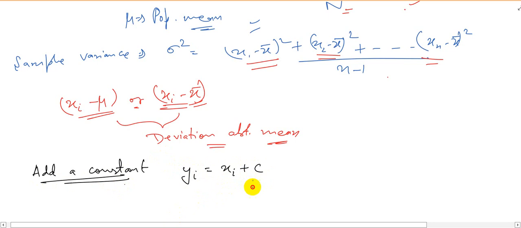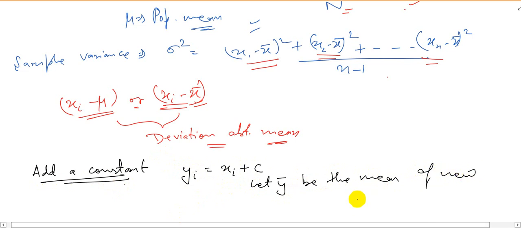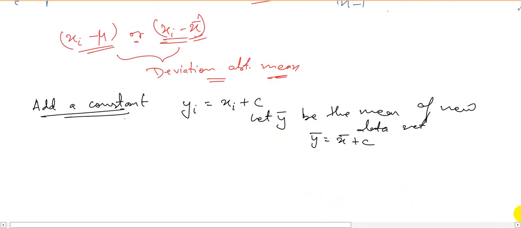Let y dash be the mean of the new data set, and y dash is equal to x dash plus c, as we know from our earlier discussions. So if we try to find yi minus y dash, what would it be?